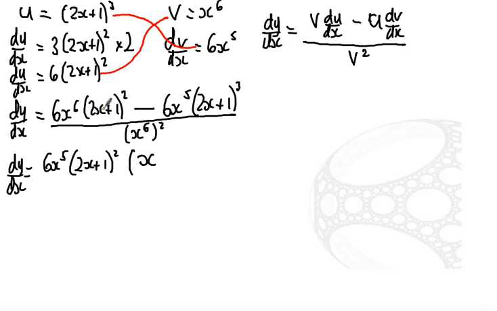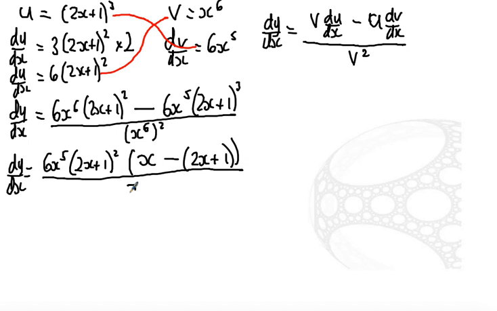And if I divide this by (2x + 1) squared, I get left with 1, so we just get the term x at the front here. Then if I divide 6x to the power 5 by 6x to the power 5, we get 1. Divide (2x + 1) cubed by (2x + 1) squared, and I get left with 2x + 1.